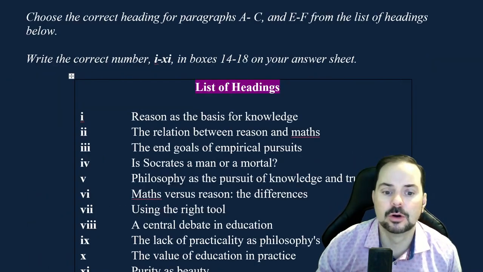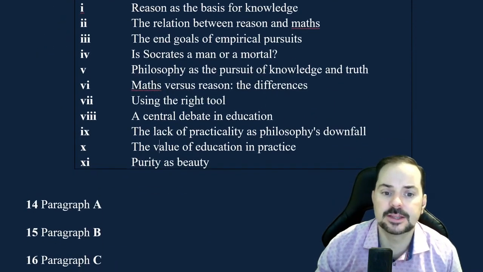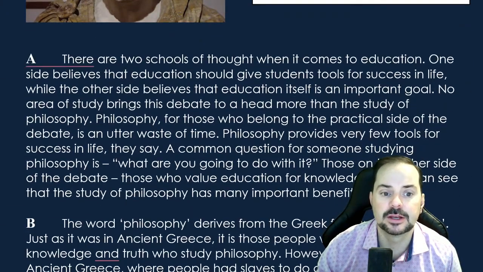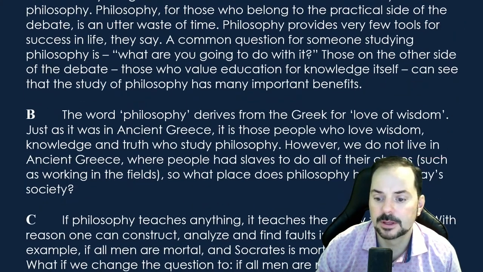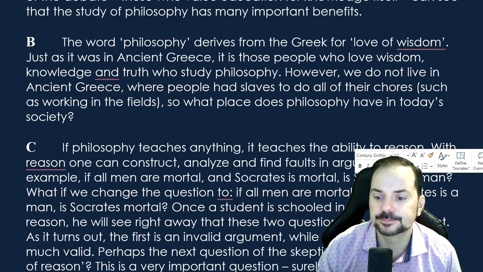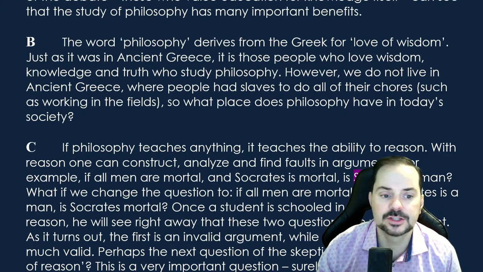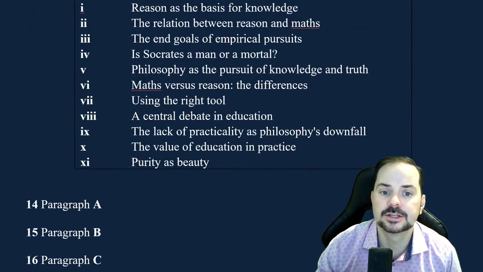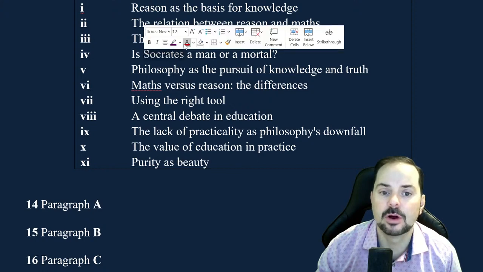Okay, so let's say that you are searching for the word Socrates, and then you find the word Socrates in one of the paragraphs. Okay, so here we found Socrates. Whoop, there it is. Okay, so C must be Socrates. You will actually get that wrong.